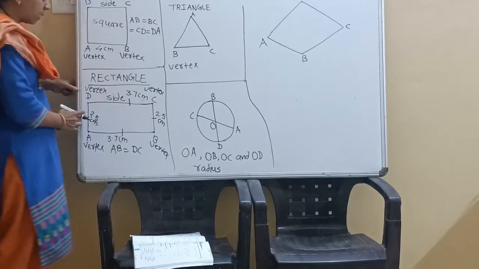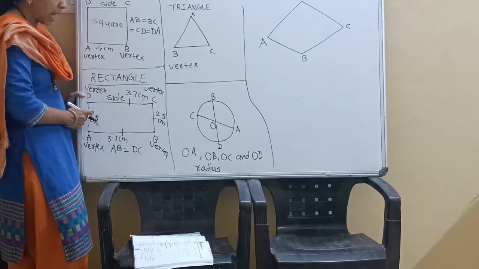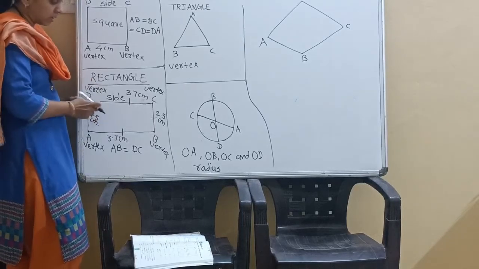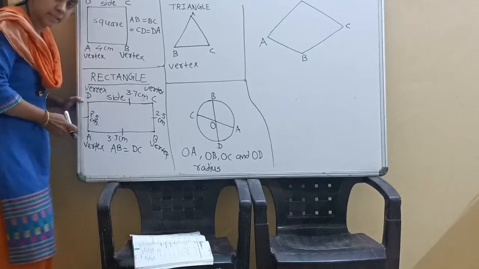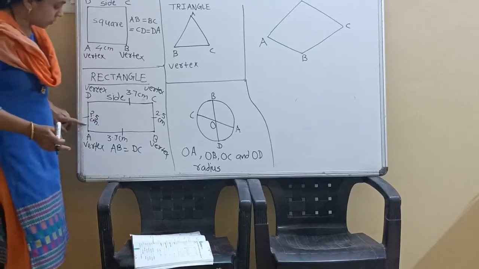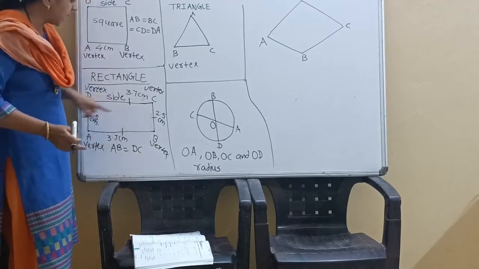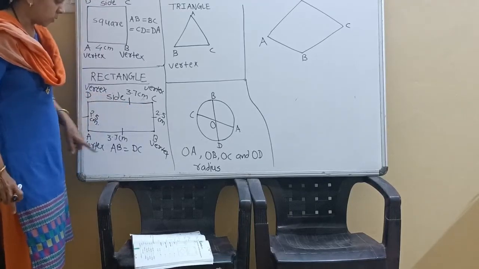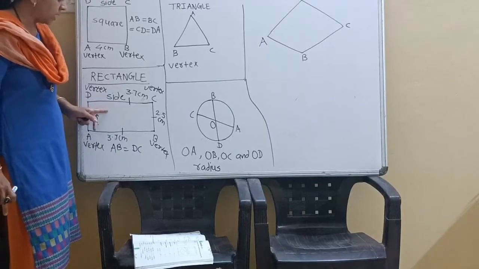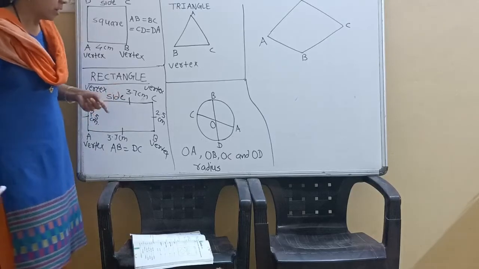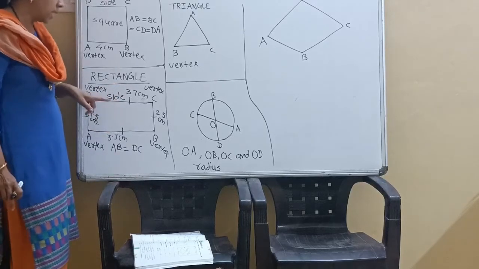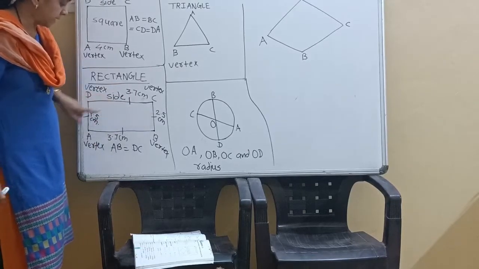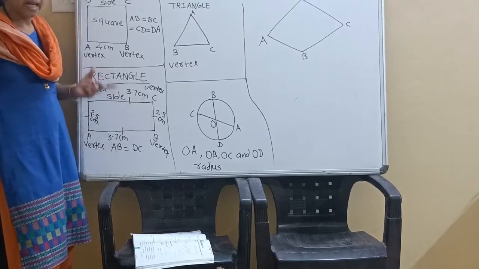That means we have to draw opposite sides, taking proper measurement with the help of our scale. Every time you draw a rectangle, keep in mind that in a rectangle the opposite sides are of equal length.